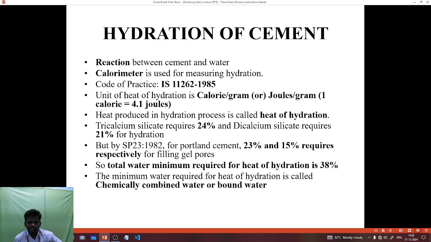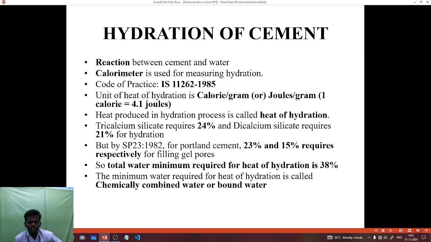Hydration of cement: the reaction between cement and water. A calorimeter is used for measuring hydration, and the code of practice used for studying hydration of cement elaborately is IS 11262 1985. The unit of heat of hydration is calorie per gram or joules per gram, where 1 calorie is equal to 4.1 joules. Heat produced in the hydration process is called heat of hydration.